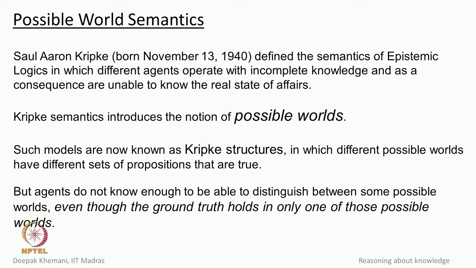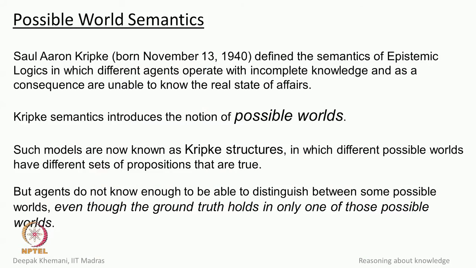So, this Kripke semantics as it is now called introduces the notion of possible worlds essentially. So, every agent can imagine many possible worlds. As we will see, sometimes the agent is able to assert that a certain formula is true, but sometimes the agent has confusion about whether a certain formula is true or not. We will come to that later essentially, and such models are now known as Kripke structures, and we will have a quick look at them today.